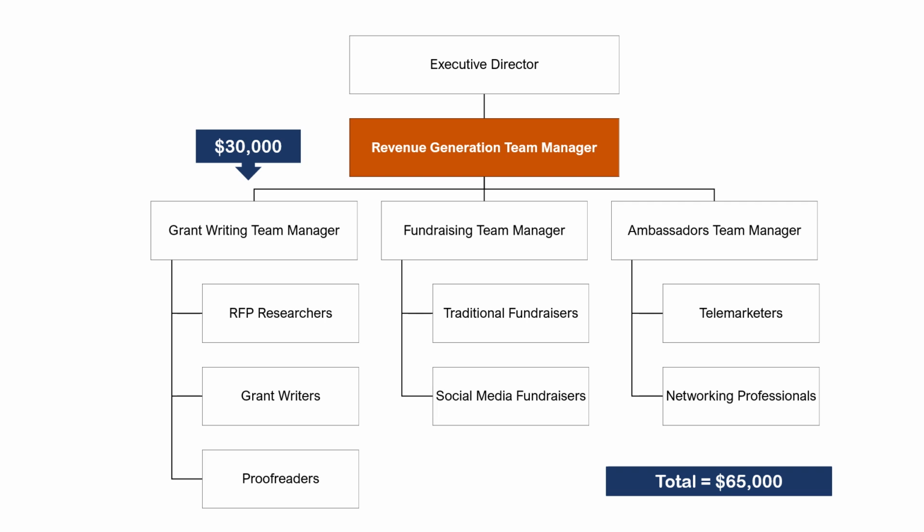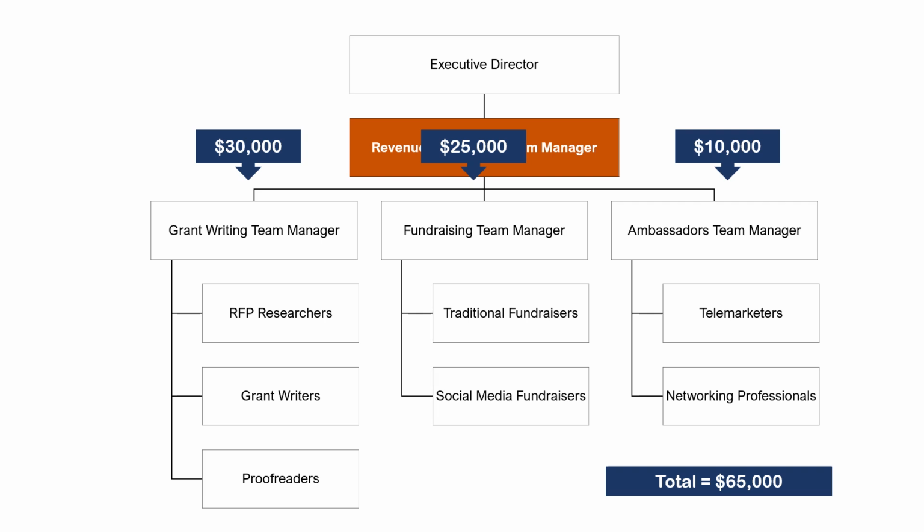And the revenue generation team manager has assigned this team $30,000. So their assignment is to generate $30,000 from grant writing. The fundraising team is assigned $25,000, and the ambassadors team is assigned $10,000. That's how you should work this.